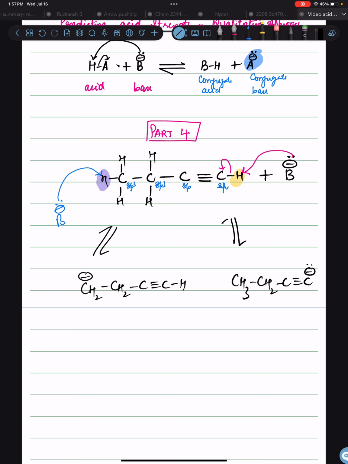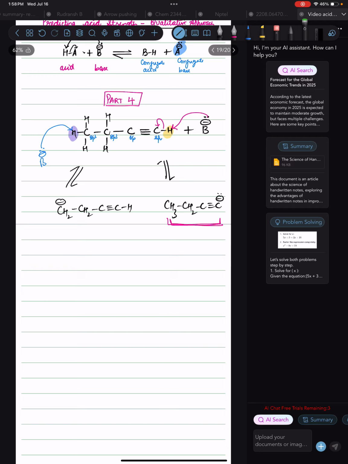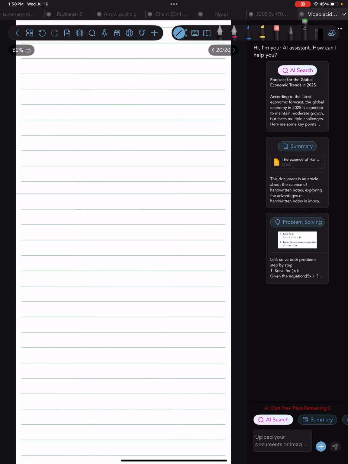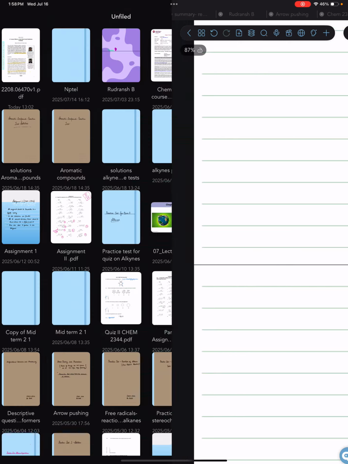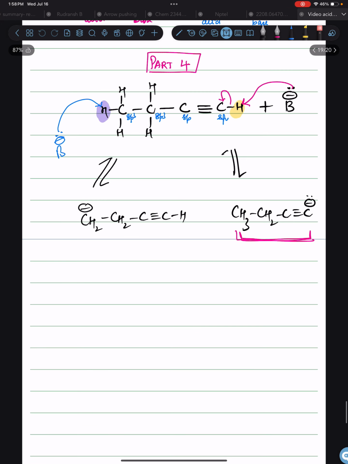So if I look at this anion, the negative charge is present on the carbon which is sp hybridized, while here the negative charge is present on the carbon which is sp3 hybridized.